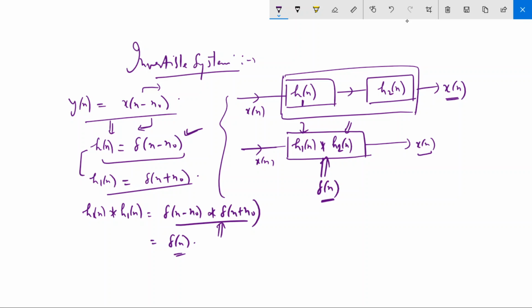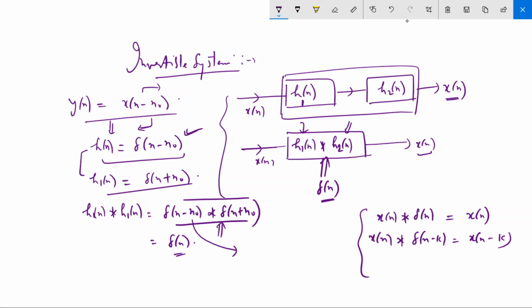I hope you understand this, because the convolution of x[n] with delta[n] is nothing but x[n]. The convolution of x[n] with delta[n minus k] is nothing but x[n minus k]. So in this case, if I take this signal as x[n], then x[n] convolved with delta[n plus n naught] is nothing but x[n plus n naught].